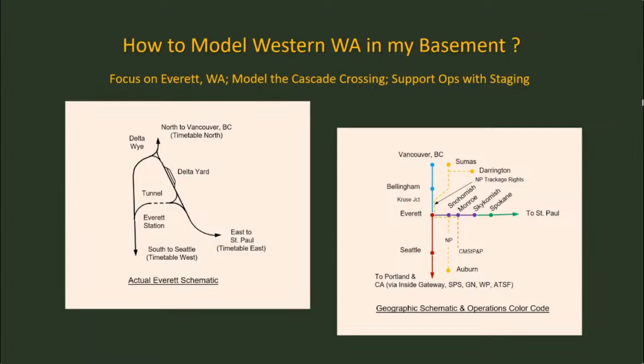And then I also host trains from the Northern Pacific, which had trackage rights through Everett, and that's shown in yellow. And the Milwaukee line, Chicago, Milwaukee, St. Paul, and Pacific, you see the initials below, that road also had operations in Everett, and so we host trains from that line as well.